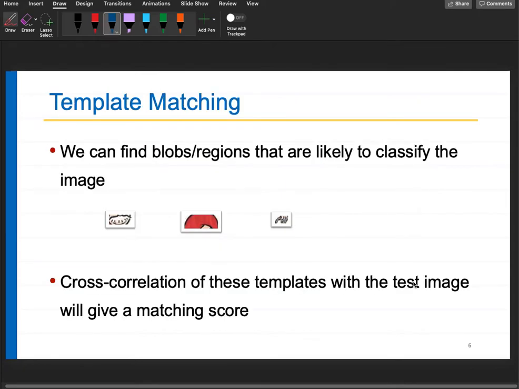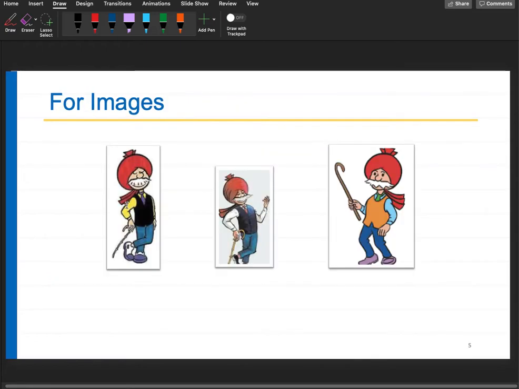So you can take this as one template, and now how do you find this mustache in any given image? If I give you a small template of a mustache and I ask you, let us say in the first image, where is that same mustache?